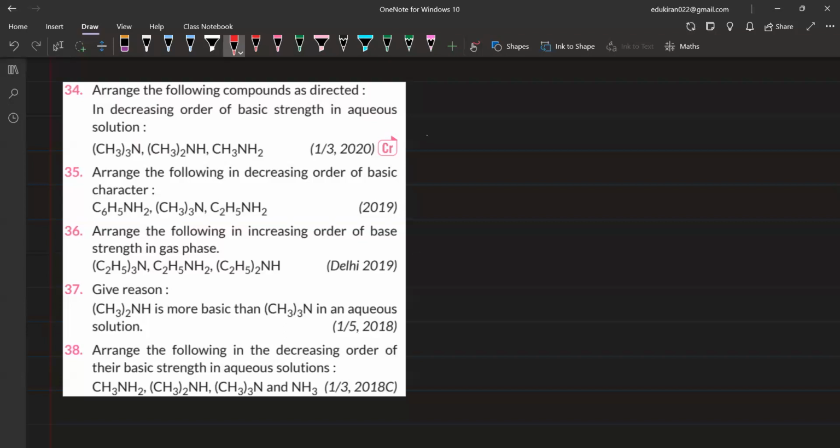ABC and ABC है ना. I hope इतना आप लोग कर लें. This is A, this is B, and this is C. A, B, C. A, B, C. Here you have this is A, this is B. Give reason सवाल है ये तो इसमें A B क्या ही करे. And here also you have A, B, C, and D. ठीक है. 34 से start करें. Write the question number as well as the answer.